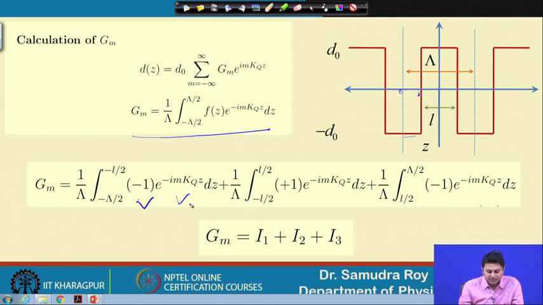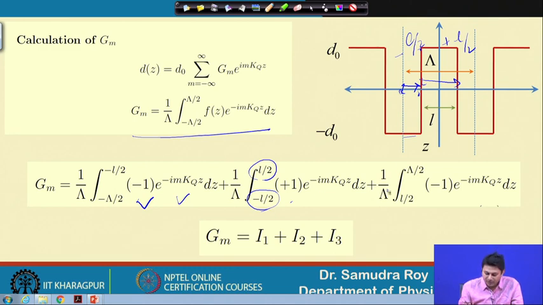Then the next part, I integrate from minus L by 2 to plus L by 2, and here the value of d is plus 1. So, this is plus 1 times e to the power minus i m kz z.